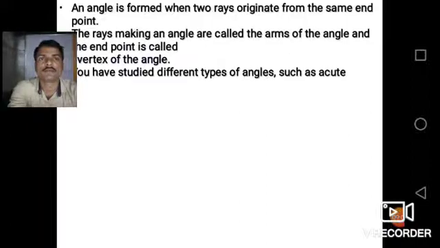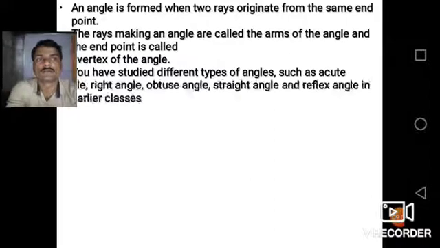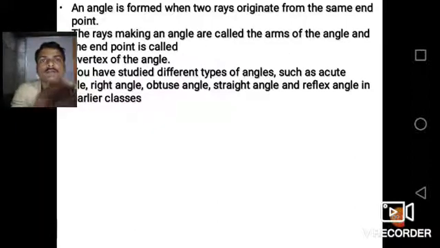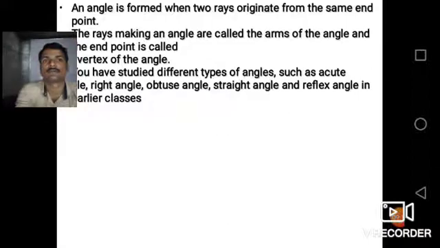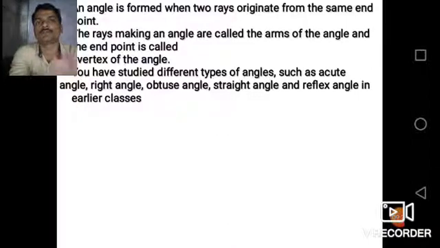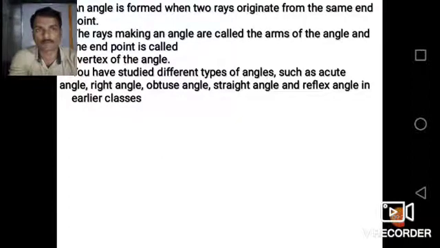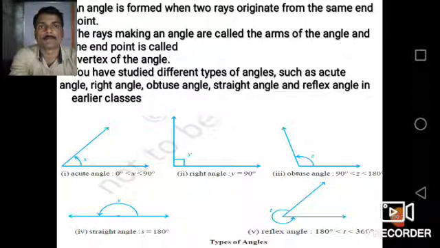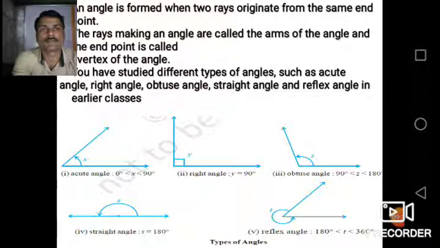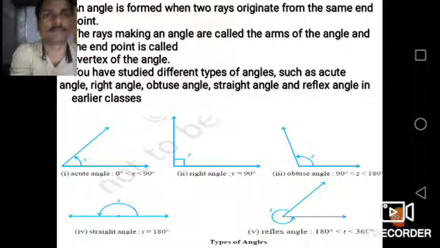You have studied different types of angles such as acute angle, obtuse angle, right angle, straight angle, reflex angle in 6th class. You are familiar with these types of angles. An acute angle is an angle with measure greater than 0 and less than 90 degrees.